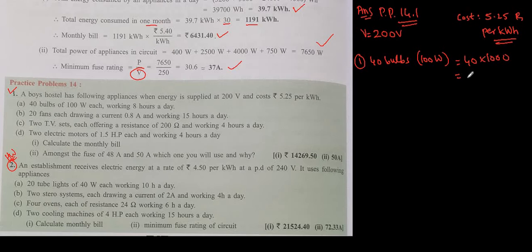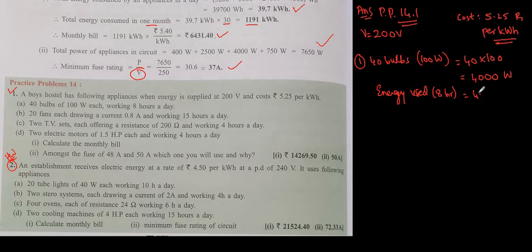That is going to become 4,000 watt. And for how many hours is it used? It is used for 8 hours.